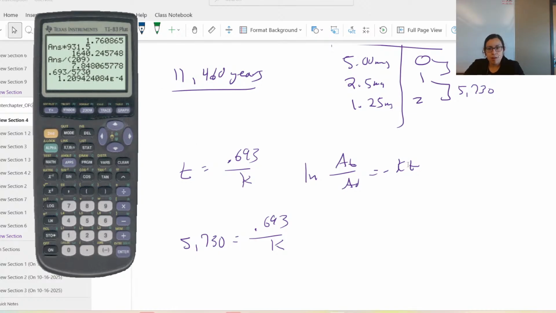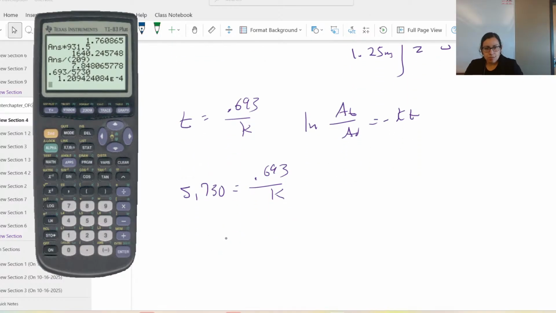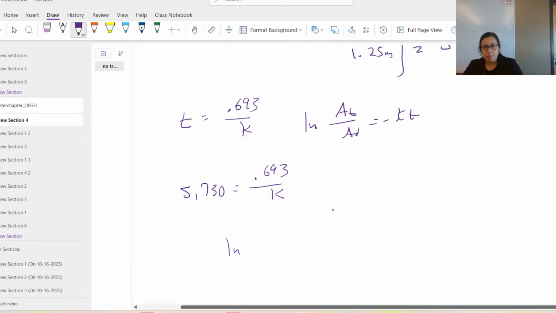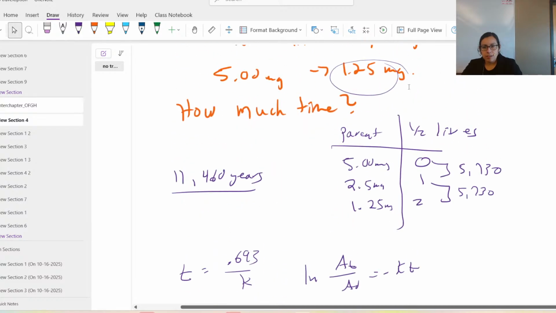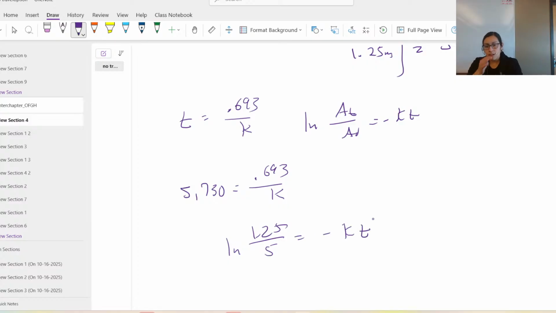Then we have our k, so then we want to solve for this. And then we'll take natural log of A over A0. So then it would be 1.25 over 5 equals negative kt.